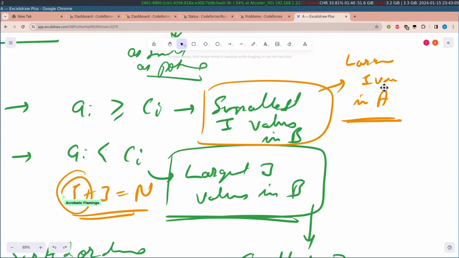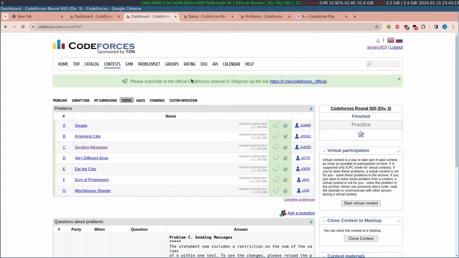To find the sum of the smallest I values or the largest j values, I can use a prefix sum array or anything else as well. Now jumping on to my code for this one.